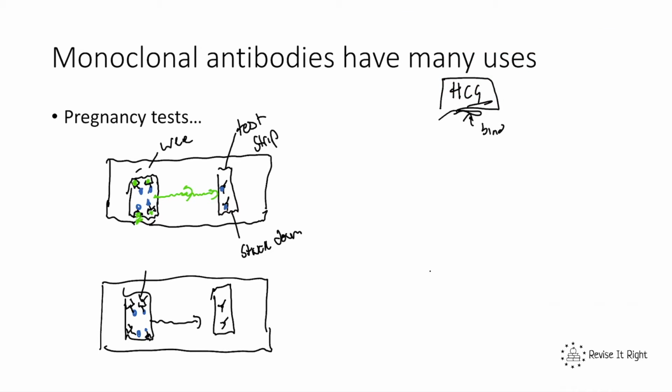They will not attach to the monoclonal antibodies on this test strip here. So what will happen is they will pass the test strip like this, and they will not bind, and therefore the test strip will not turn blue. And that is how a pregnancy test works using monoclonal antibodies.